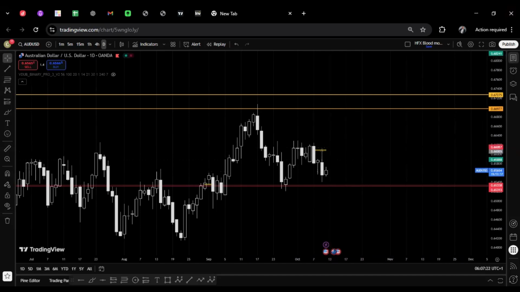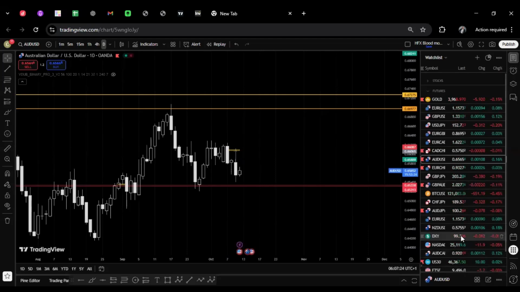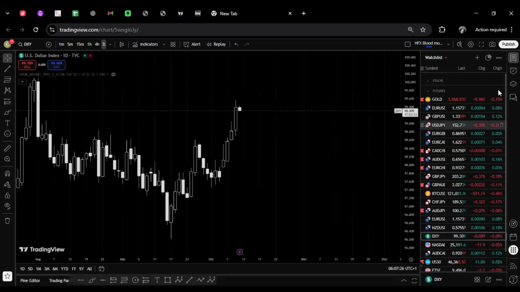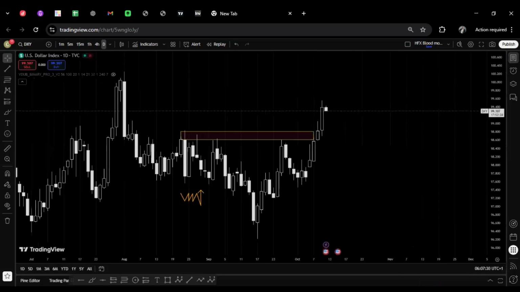Now, let's take a look at the dollar index. I did this analysis on the dollar index yesterday. I anticipated this break. In fact, I saw this.